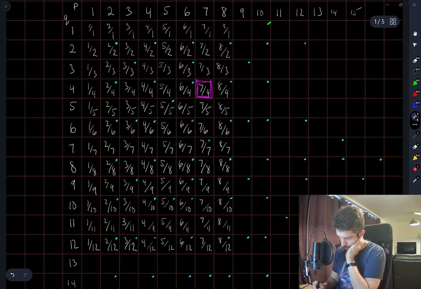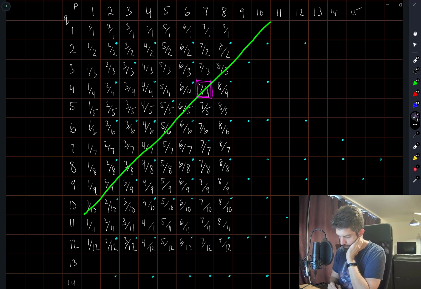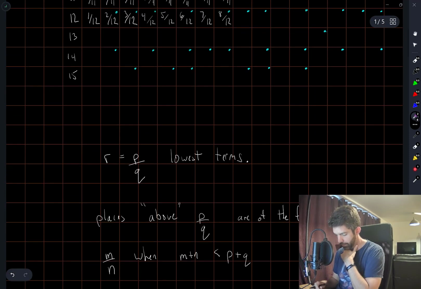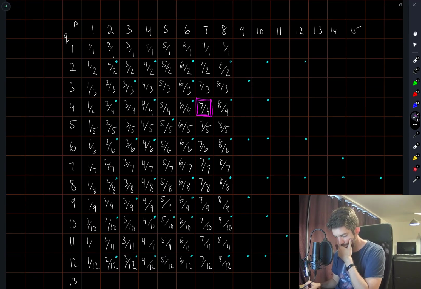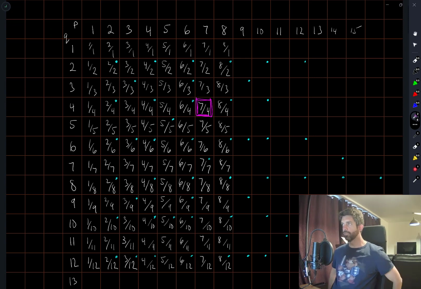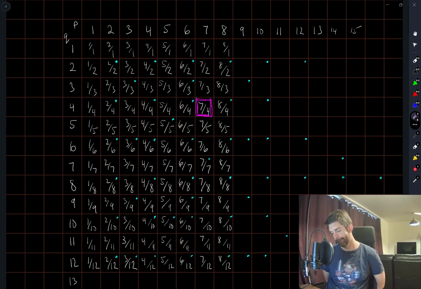Like on this line, the numerator plus the denominator is always equal to 11. And above this line, or to the top left of this line, the numerator plus denominator is always less than 11. So that gives us a description of all of the squares that we need to look at.